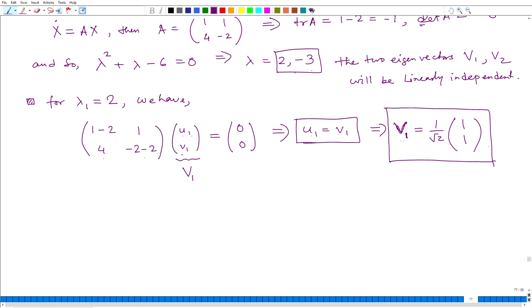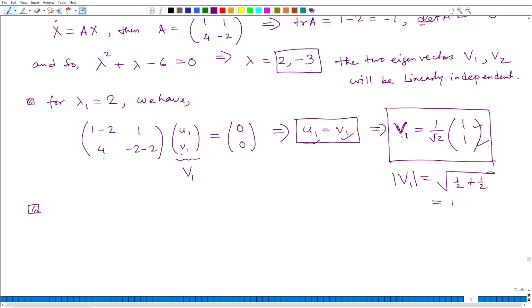If you write 1 by root 2 and 1 by root 2 for both u1 and v1, then the modulus of V1 is nothing but root of half plus half, which is equal to 1. So, that is the trick.